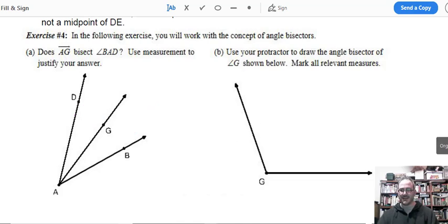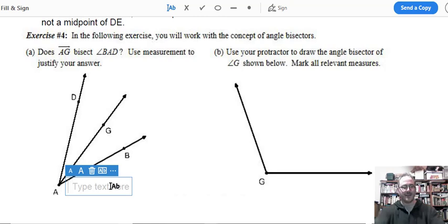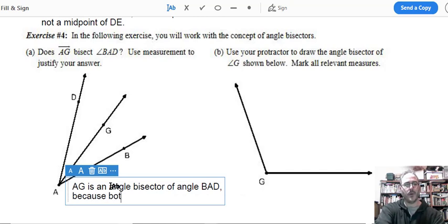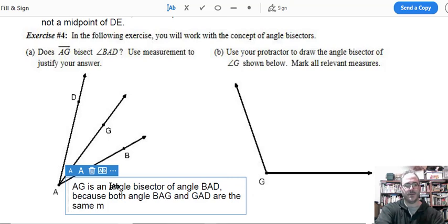that AG, we need a line above AG, is an angle bisector of angle BAD because both angle BAG and GAD are the same measure.